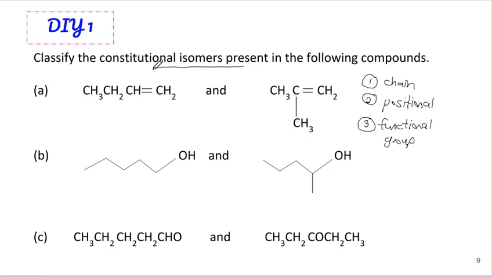So based on that, I want you to answer these questions. What type of isomers exist between the pairs given, whether chain isomerism, positional or functional group isomerism.